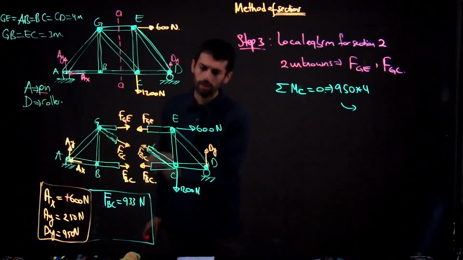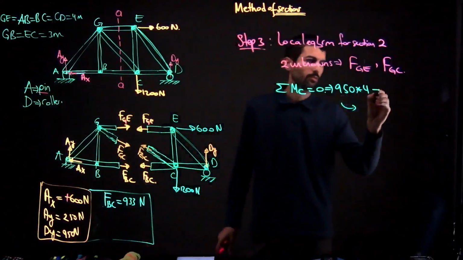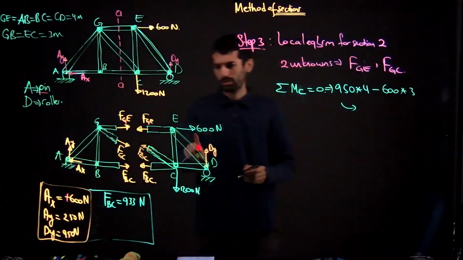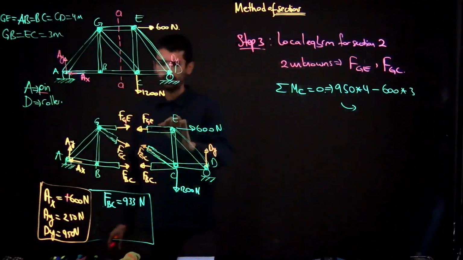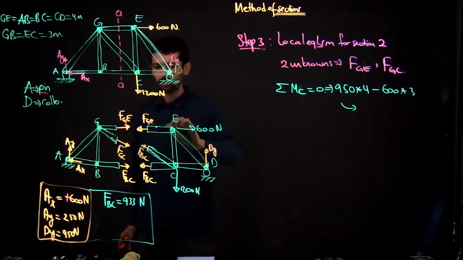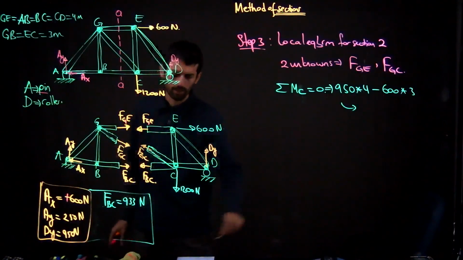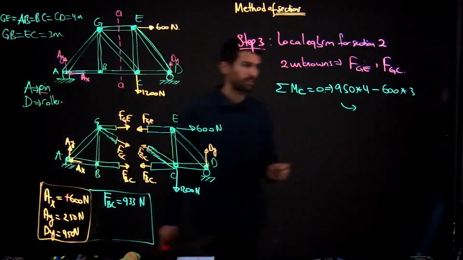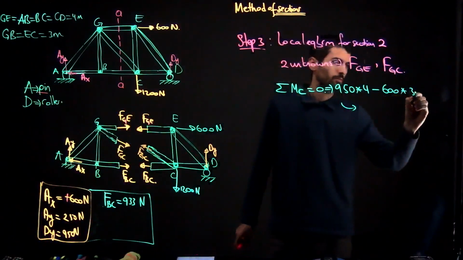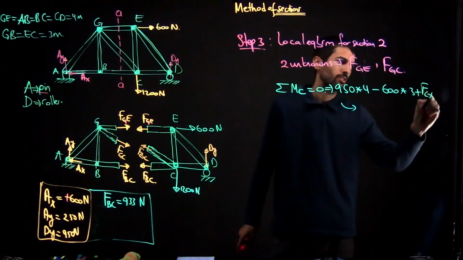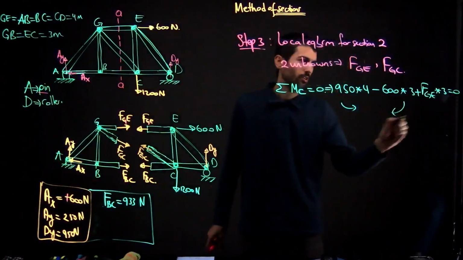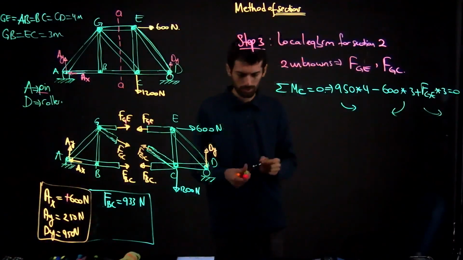So it will be minus 600 times the arm, which is 3. And then comes FGE. It creates a moment again in a counterclockwise direction with an arm of 3 meters again. So it will be plus FGE times 3 is equal to 0. This one is clockwise and that one is counterclockwise.